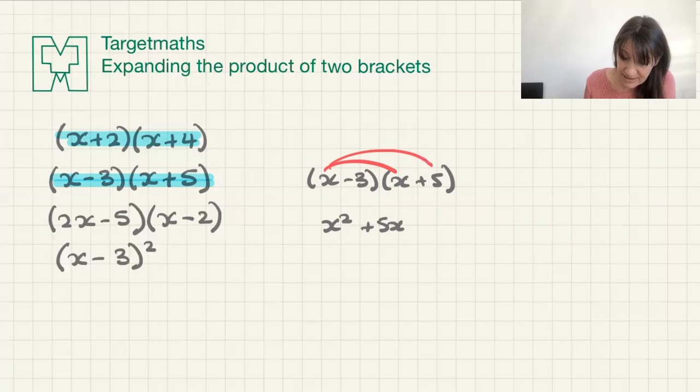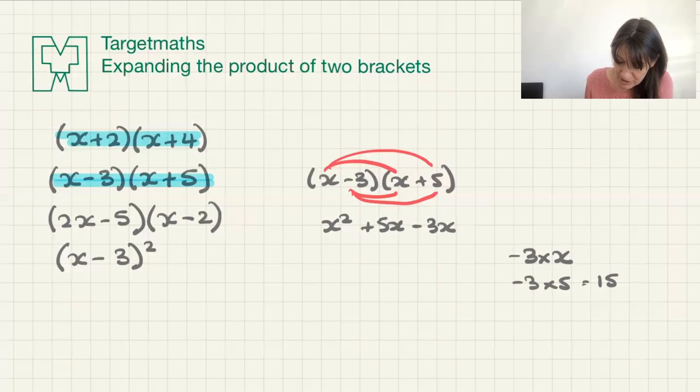I've got a negative involved in this question, so it may be that I get into that habit of writing those ones to the side so I can see everything that's going on. That's minus 3x. And then again, I've got minus 3 times 5. Well, 3 times 5 is 15. And there's one negative in the question, so there's one in the answer.